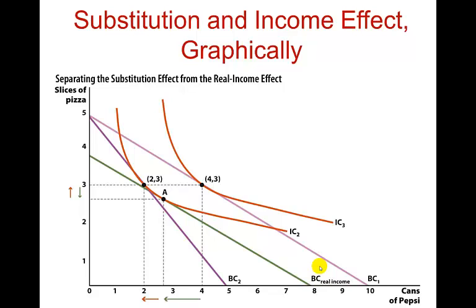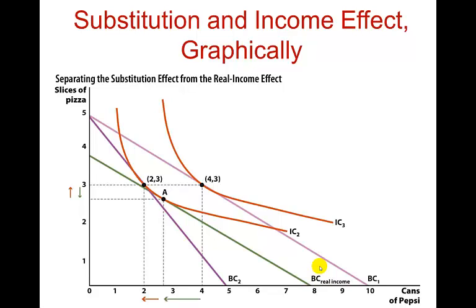Okay, so to find the substitution and income effects, do the following steps. First, draw a budget constraint parallel to the original budget constraint, but tangent to the new indifference curve. You can see that that will be the green budget constraint. This allows us to optimally be on what will end up being our new indifference curve, but at the original prices.